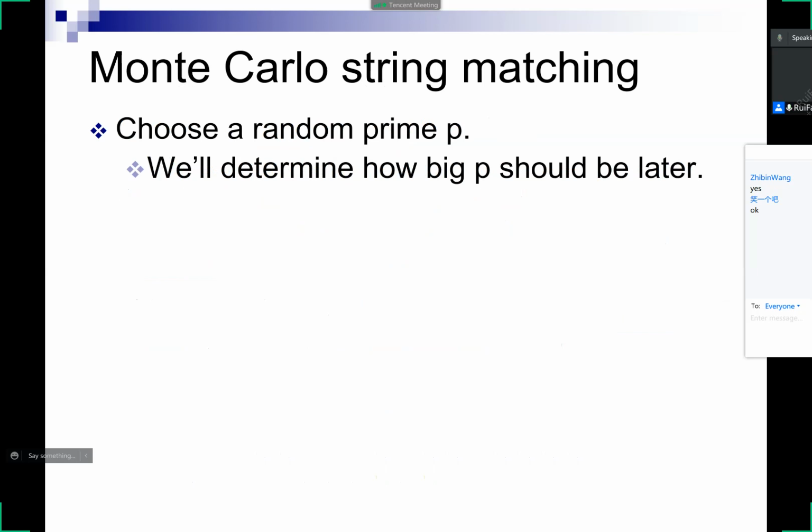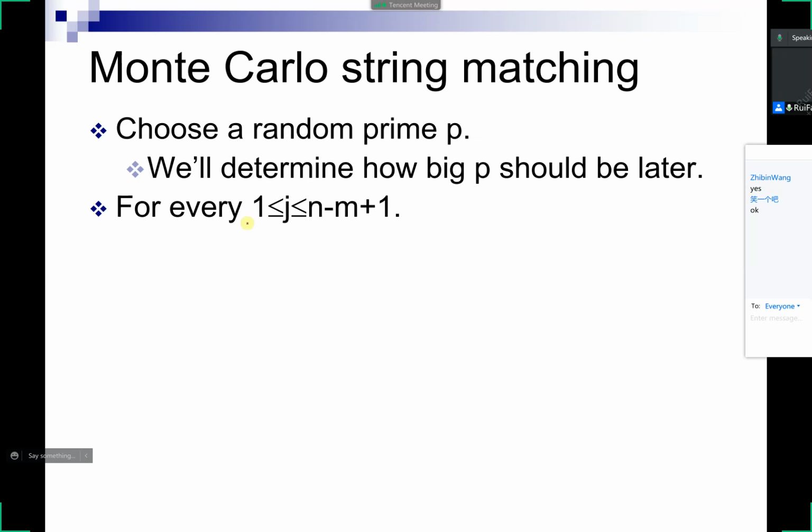It's kind of similar to how the previous fingerprint algorithm worked. So again, we're going to choose a random prime number, and we saw how you can choose random prime numbers of any size that you want efficiently. I'll tell you later how large we should make this prime number, but right now, let's just choose a random prime number.